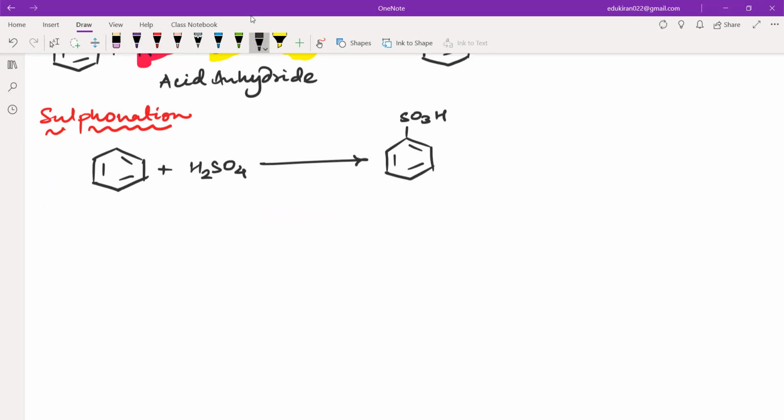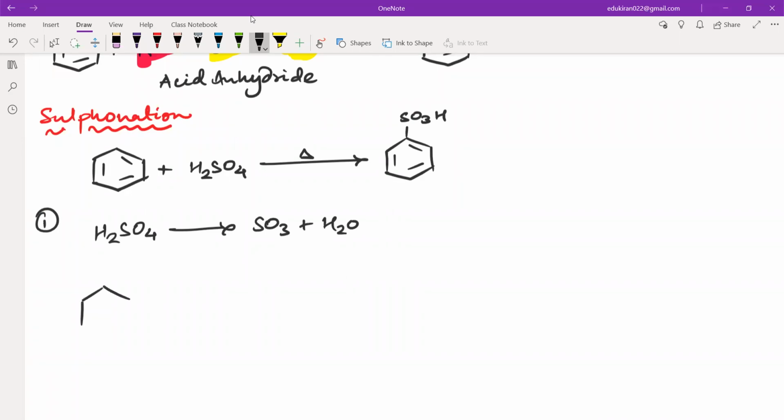So I will first of all write the mechanism that nowadays gets more preference. H2SO4 has an ability that it can decompose into SO3 plus H2O, and this uses some heat. So whenever you have H2SO4, you will have some sulfur trioxide present, and sulfur is a third period element which has a vacant d orbital, so it can also act as an electrophile.